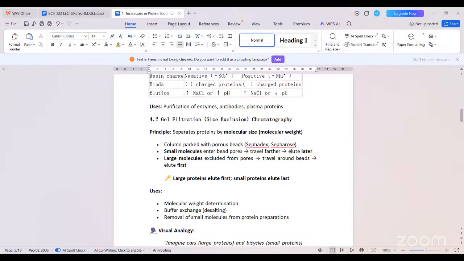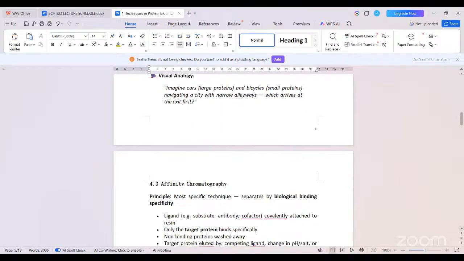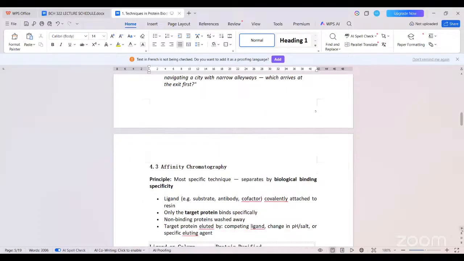Now, we said gel filtration is the fourth type of separation technique we have. Then the next is affinity chromatography. It separates by biological binding specificity.